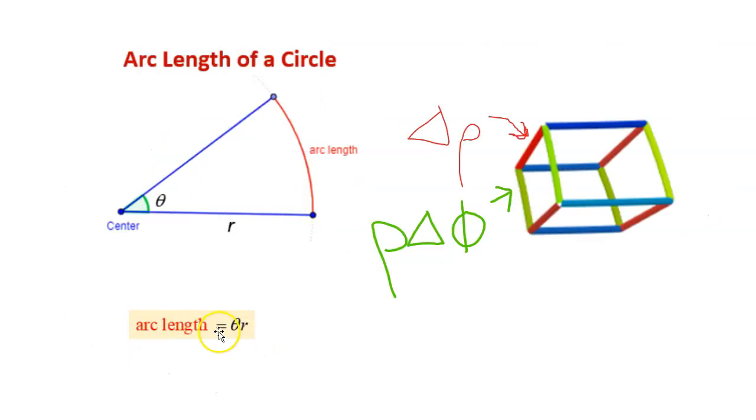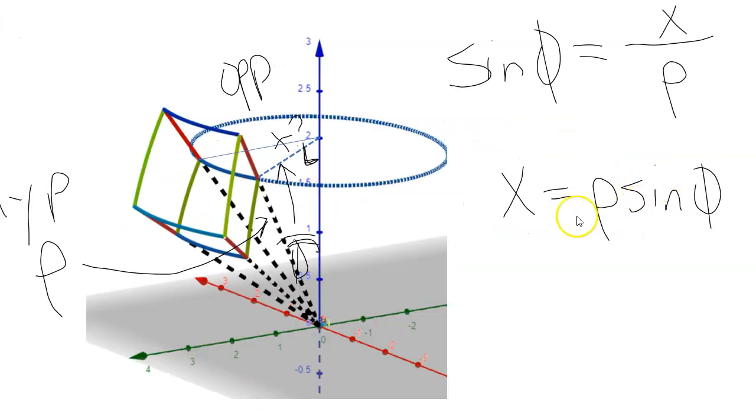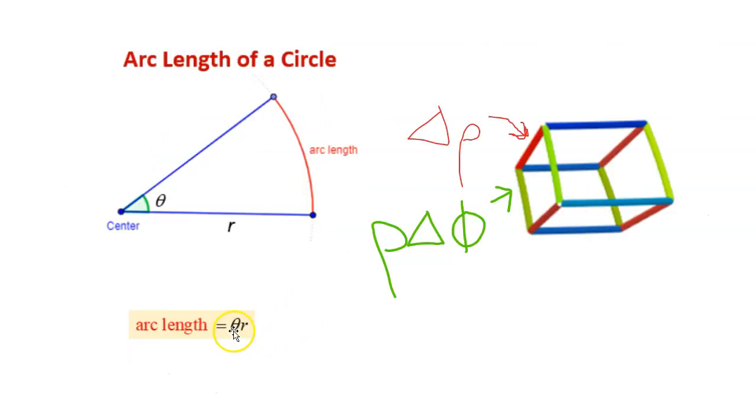So again, according to arc length, this is rho sine phi, I'm sorry, I said that wrong, and then this angle is delta theta. So this blue line segment is going to be the radius, rho sine phi, times delta theta. And again, all these deltas are going to 0.